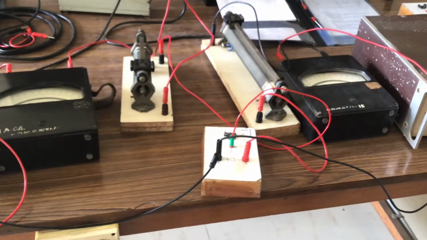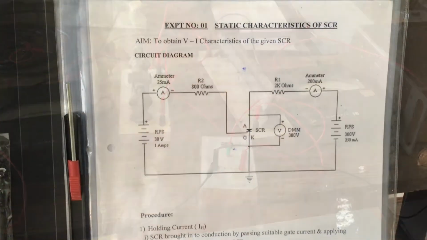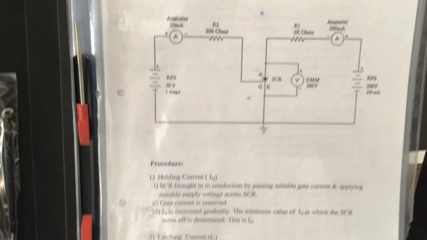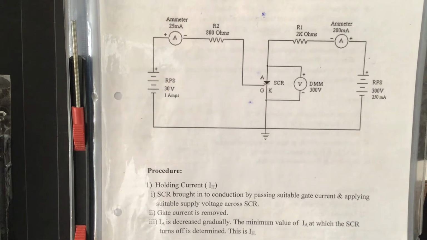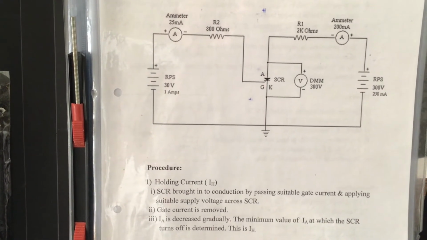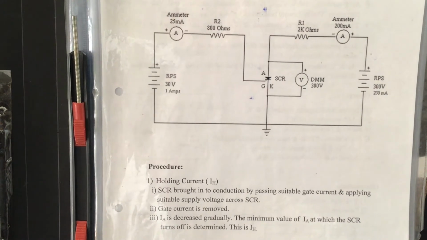Now we will see the conduction, that is the procedure. Now we will see the procedure for holding current. This is the circuit diagram we have connected. To find the holding current, there are 3 steps.